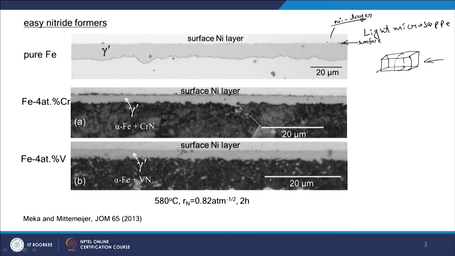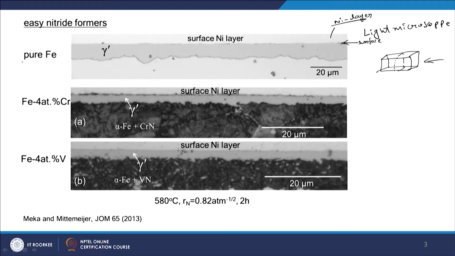We discussed that these iron nitrides are very brittle, so if I do not have a support here, when preparing the metallographic sample, these nitrides can break away. That is why this nickel layer was electrodeposited, to protect the edges. It has nothing to do with the nitriding; it is only for the convenience of doing better metallographic samples.